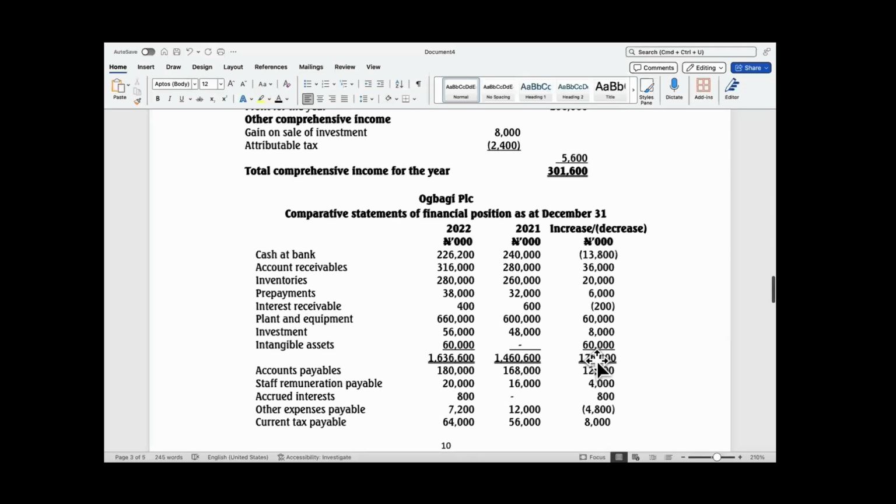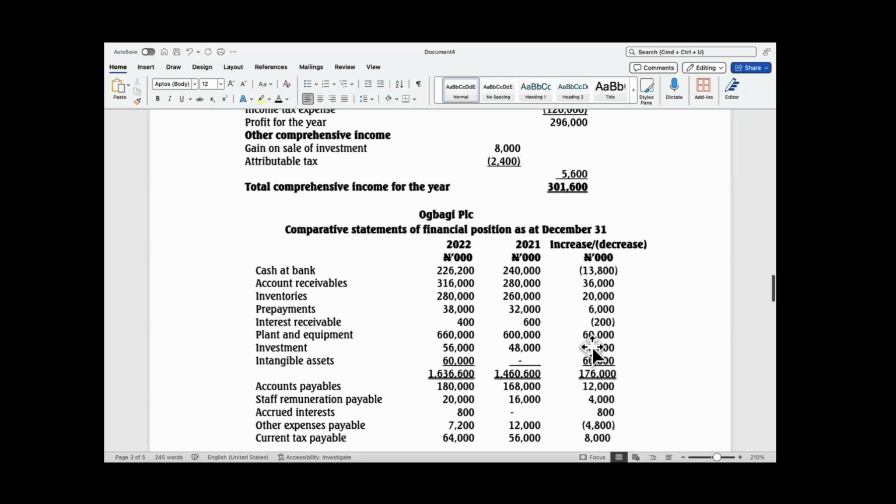It's the gain that they made on that investment. It's like they debited that investment and they credited this gain. So this 8,000 you're seeing here is a non-cash item.